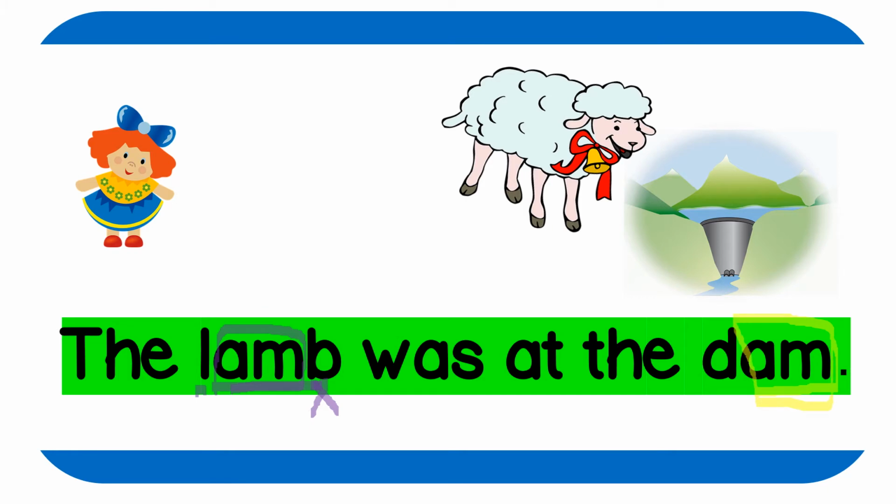Very good. Let's read. The. Remember, the E is silent. The T and H together says th. The. Lamb. Here we hear the A make a different sound.